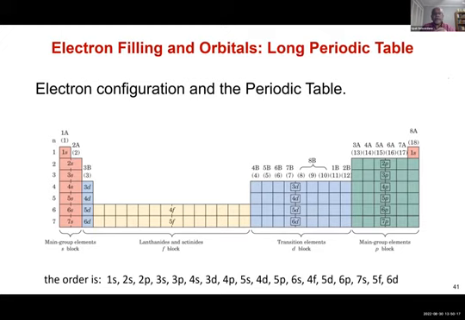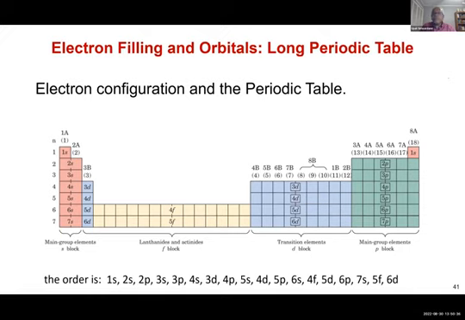The periodic table shows electron shapes for different blocks or squares.